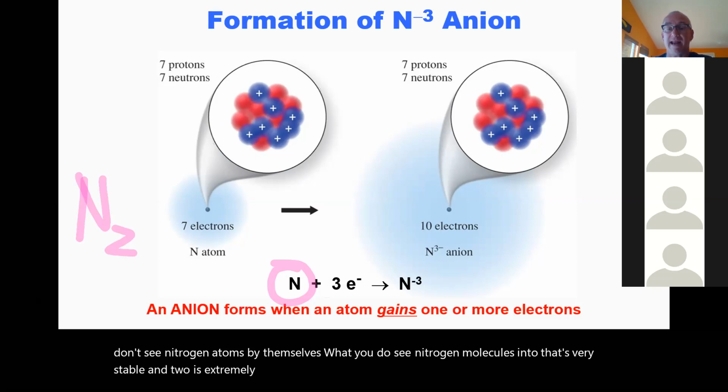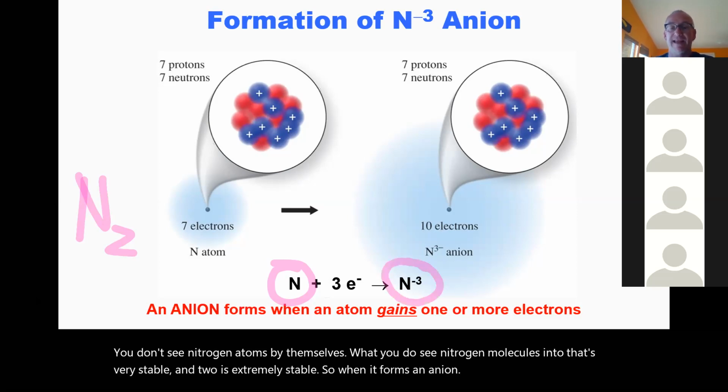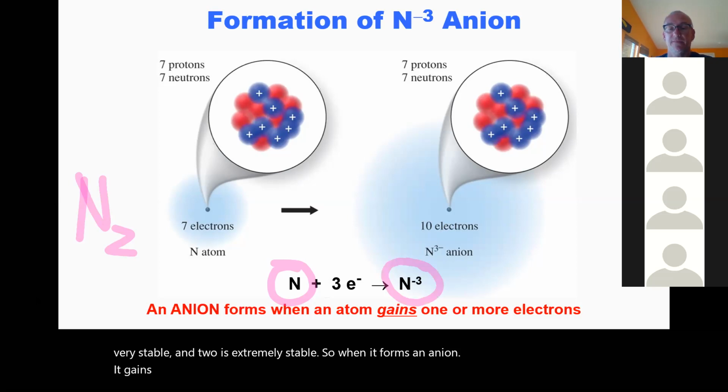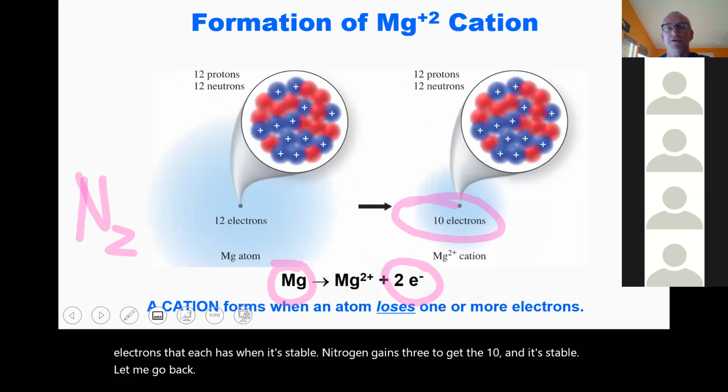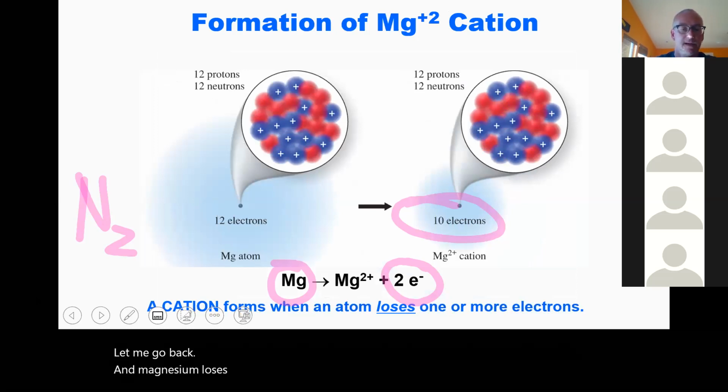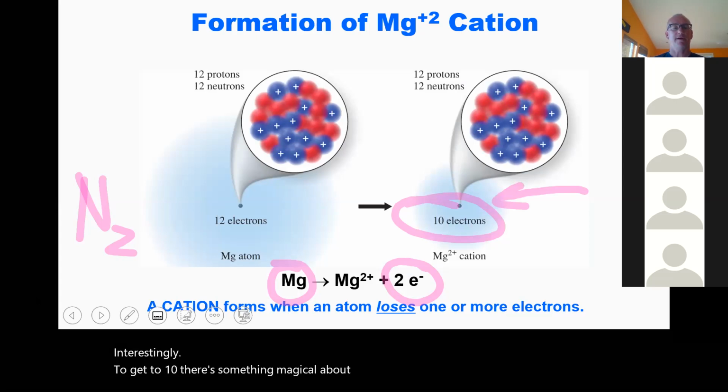So when it forms an anion, it gains those 3 electrons and it gets to 10. Interestingly enough, notice the number of electrons that each has when it's stable. Nitrogen gains 3 to get to 10 and it's stable. Let me go back. And magnesium loses 2, interestingly, to get to 10. There's something magical about the number 10, and we'll learn what's magical about it in the next chapter as well.